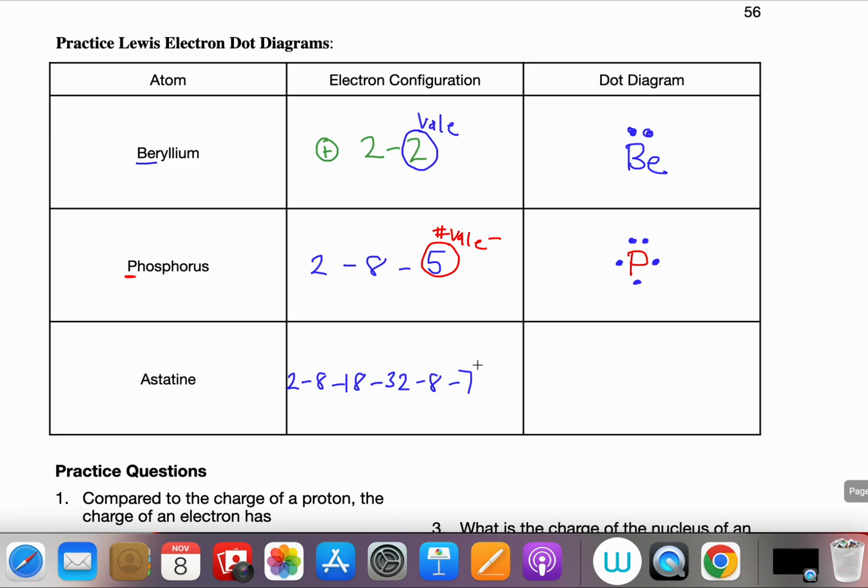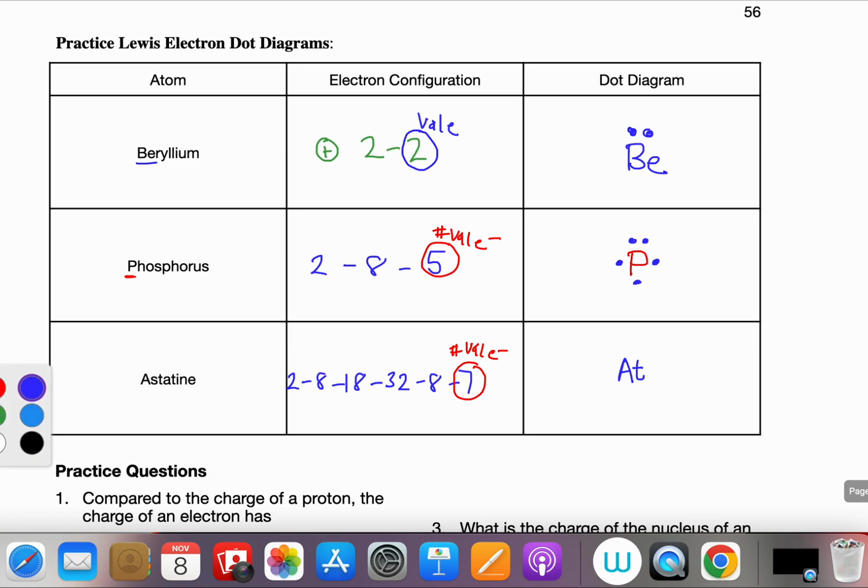The last digit in its configuration is a 7, so that's the number of valence electrons. That's the number of dots we put around its symbol. When you look up astatine's symbol, it's not A and it's not AS, so make sure you look these up. Astatine's symbol is At.